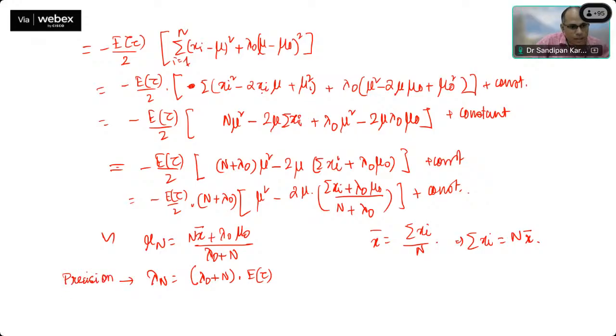This is why we consider precision instead of variance while doing this Bayesian calculation. So mu follows a normal distribution: Q of mu is normal with mu n and lambda n. In this way it is derived.